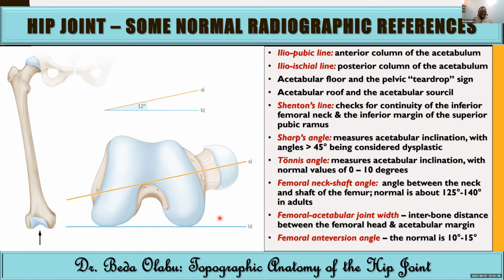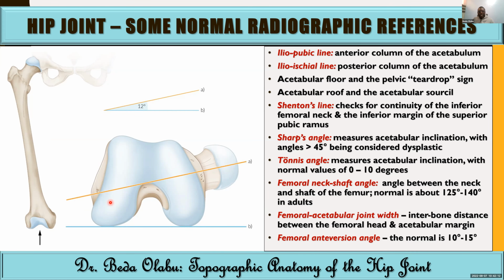So there's some anterior deviation of the head and neck of femur with respect to the plane of the femoral condyles. And so that angle of anterior deviation is what we call the angle of femoral anteversion, or the angle of femoral torsion.